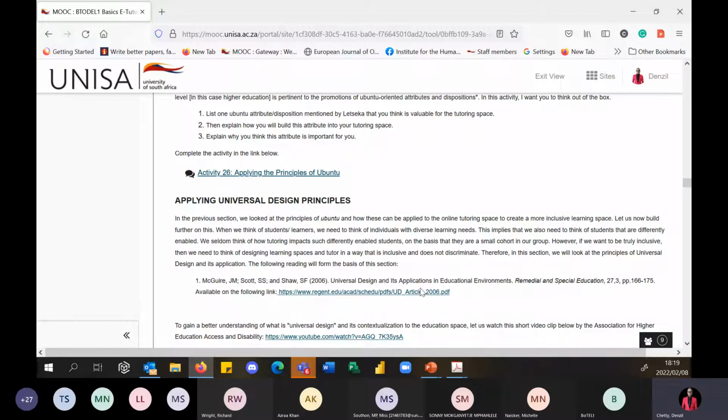So for those of you that know, UNISA is now upgraded from Sakai to Moodle. It has more features as part of it. And in order for us to be inclusive as part of our tutoring, as part of our training webinar, we included a sign language interpreter as part of this, right? So now it meant that our webinars have a dimension of being inclusive to these students. It's not the only dimension, there are other elements as well.